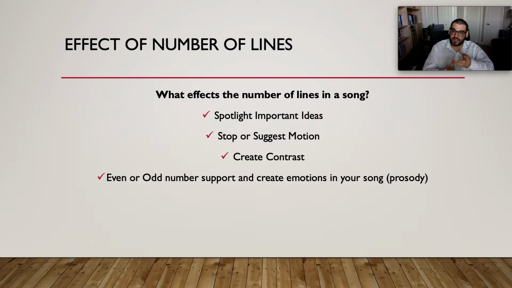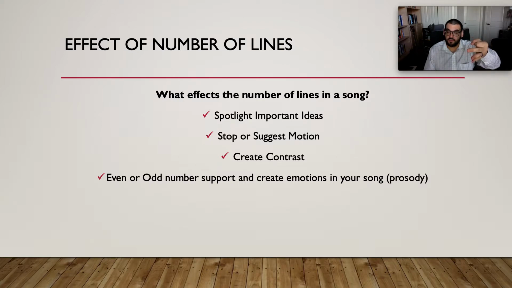There's contrast. Or, for example, 4 lines versus 3 lines. What does that tell you? There must be some kind of bridge or connecting stanza in between to connect the end of the song with that first part. So you might have, for example, a 4-line first verse, a 3-line second verse.